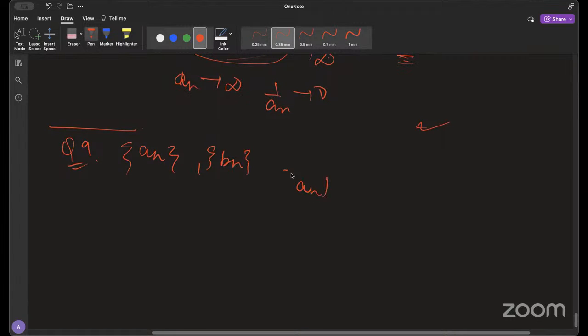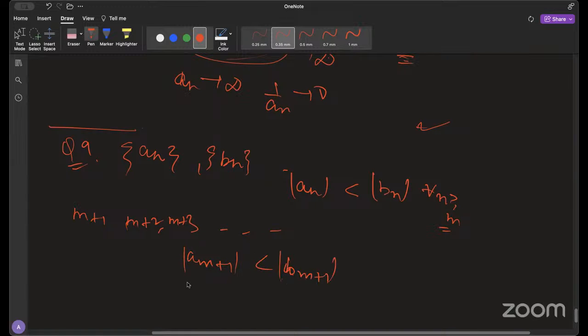And it's been given to you that after a particular number, let's just say this is m, so for m plus 1, m plus 2, m plus 3, and so on, am plus 1 is less than bm plus 1, am plus 2 is less than bm plus 2, and so on.